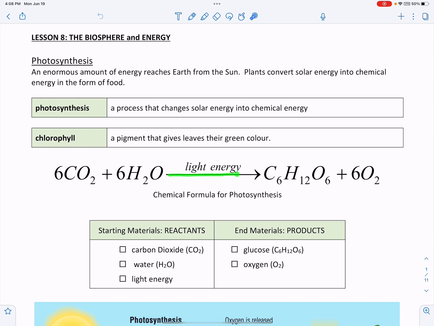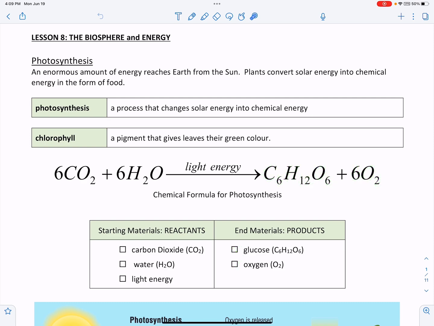The products, what is produced inside the cells of plants, are two products or end materials. The first is glucose, C6H12O6, and the second is oxygen, O2.